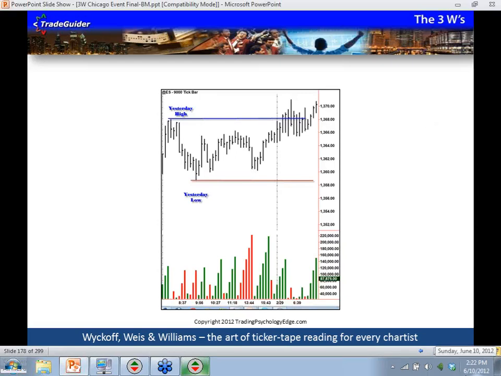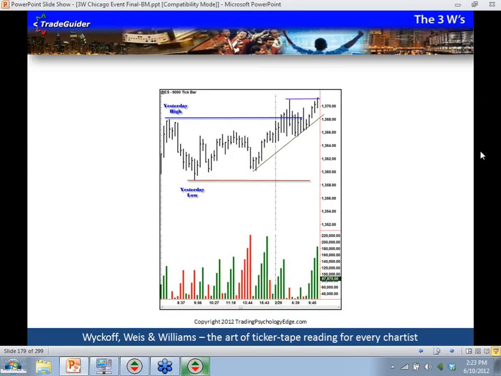Is this an up thrust, or is this going to hold the gains in here and go higher? Do we think? It's kind of difficult to tell, isn't it? Let's see if we can add a little bit here. What I see is that here's yesterday's high.